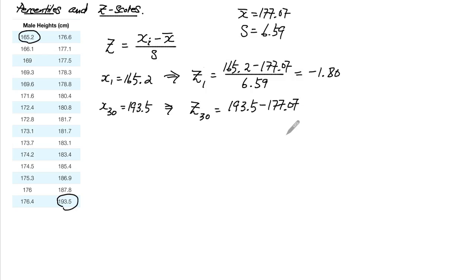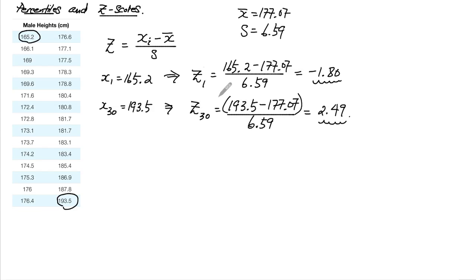Remember, we call that the deviance of a particular data point from the mean of the sample data. Divide that by the standard deviation, and we get a z-score of 2.49. So the z-score for our shortest guy is negative 1.8, and the z-score for our tallest guy is 2.49.